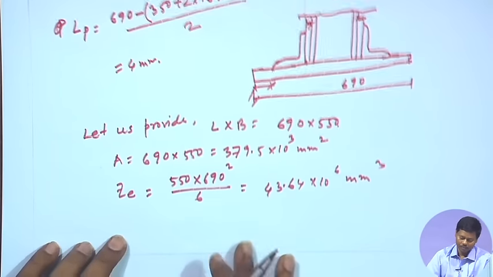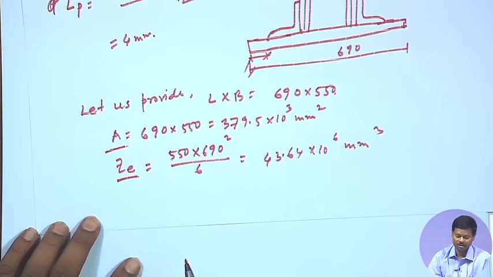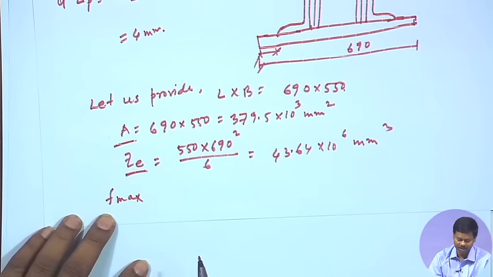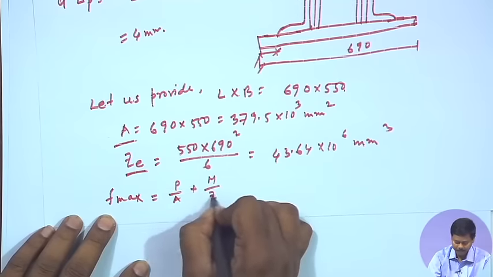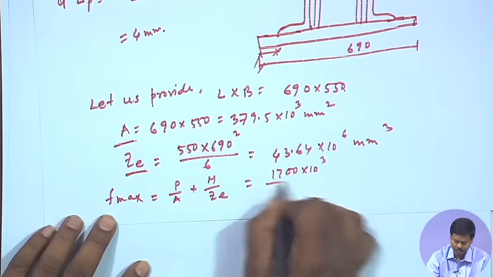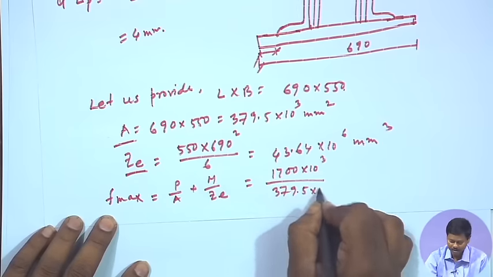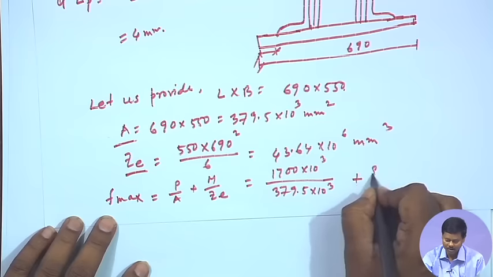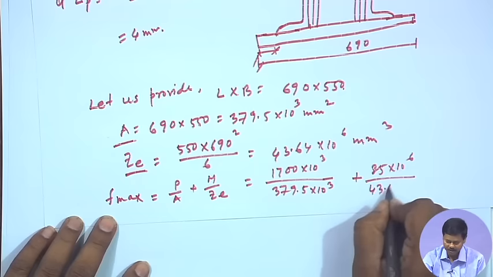Once we get the value of the area of the base plate and the section modulus, then I can find out the maximum stress of the section, that will be P by A plus M by Z E. P was 1700 kilonewton, the area we calculated as 379.5, M is 85 kilonewton meter, by Z is 43.64.